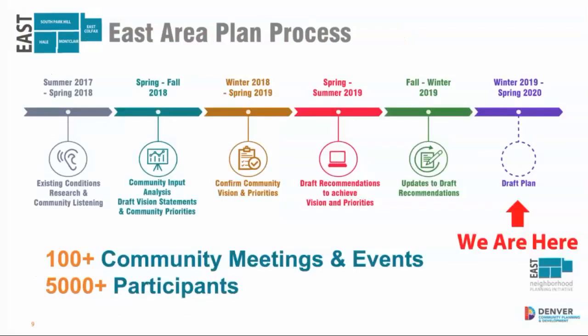And so Sarah touched on the process previously, but I just want to spend a couple more minutes on the process. We have been working on the East Area Plan now for almost 3 years. Started back in the summer of 2017. We did a series of community workshops and events, culminating in now over 100 meetings and events up to this point with over 5,000 participants.